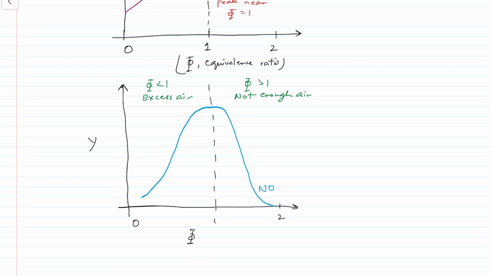A couple of other things I would like to plot are the hydrocarbons, and they look something like this. And then carbon monoxide.